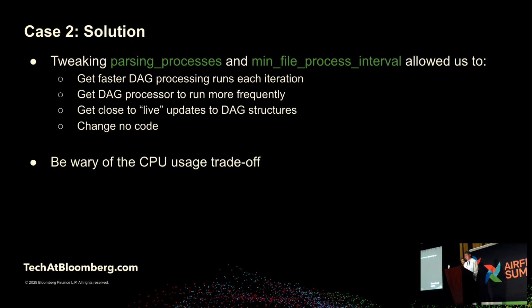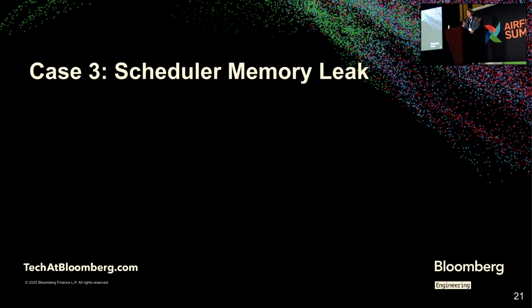And throughout this process, we were very careful to account for the CPU usage trade-off when tuning these values. Some of the systems require very frequent updates and can allocate more resources to achieve that, while some others may prioritize efficiency.